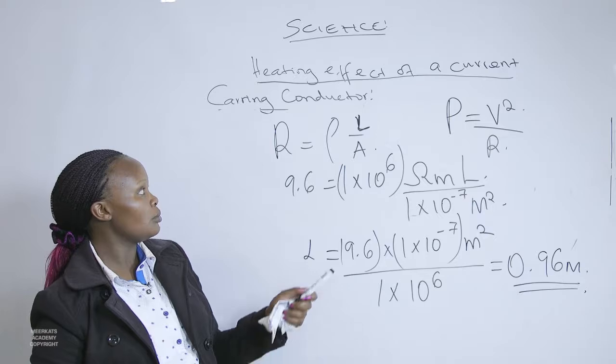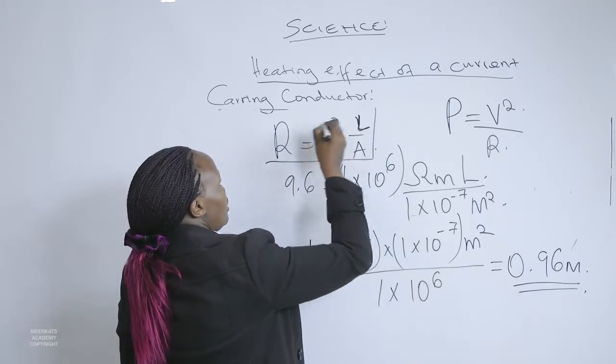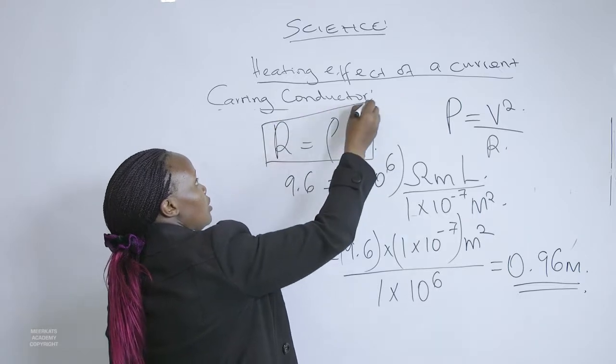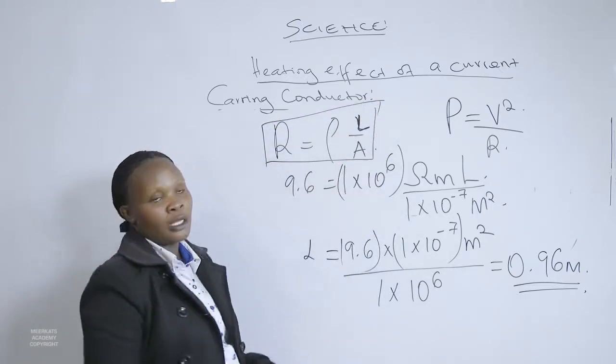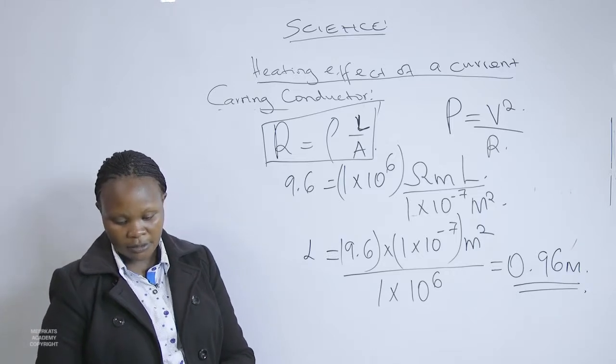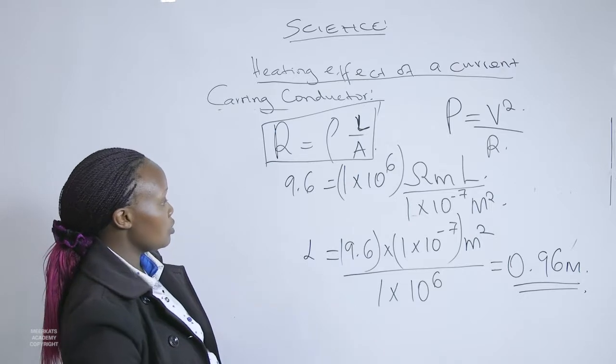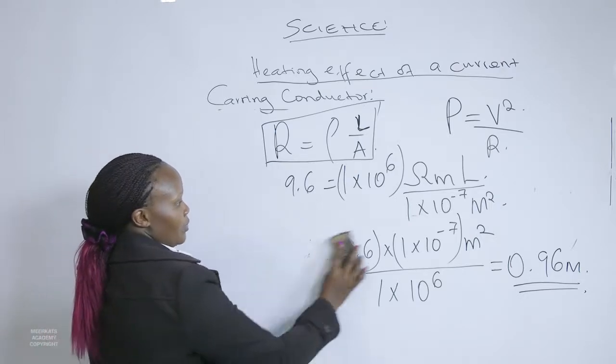And now we have roped in the equation that relates length, resistivity, cross-section area, and resistance, for us to be able to come up with an expression of length.